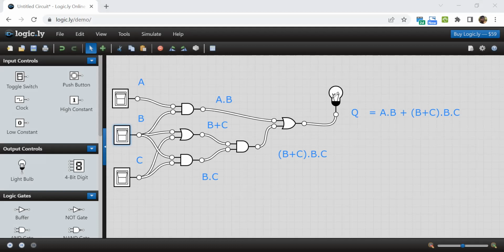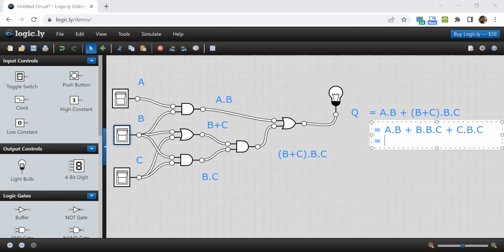The first thing I'm going to do is expand. We have A dot B plus (B plus C) dot B dot C. So we can simplify by removing the bracket, multiplying BC with B. So the first term is B dot C, plus we will have C dot B dot C.